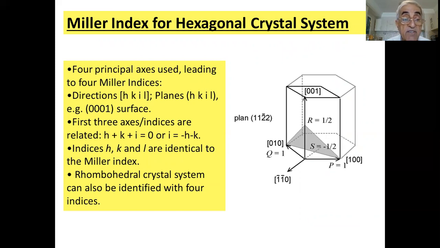For the first 3 axes, the indices are related: h plus k plus i equals 0, or i equals minus h minus k. Indices h, k, and l are identical to the Miller index. The rhombohedral crystal system can also be identified with 4 indices, and this can be seen clearly on this hexagonal crystal system.